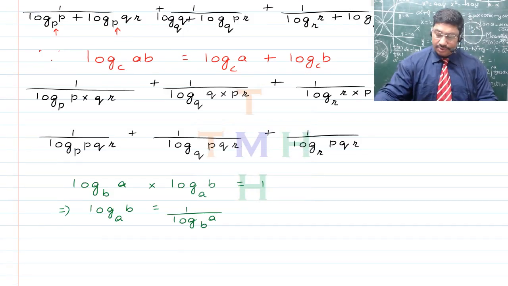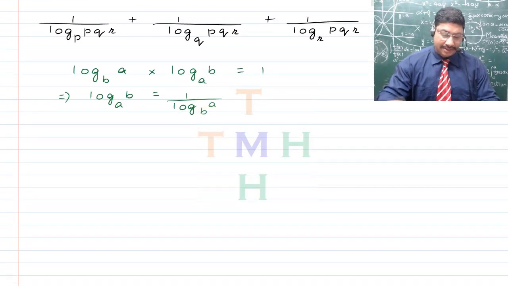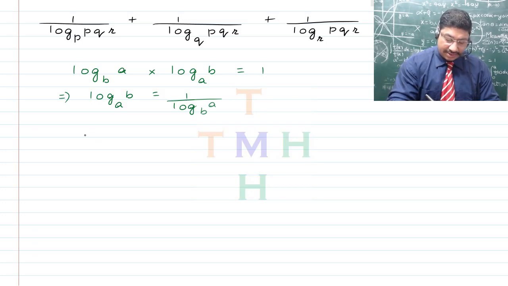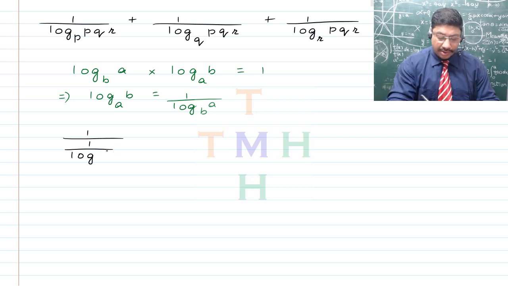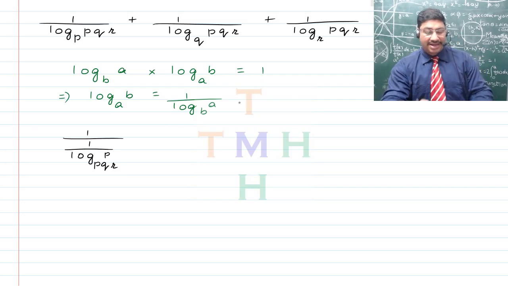So the next step, we can write 1 upon, again 1 upon log of p, to the base pqr, as we know that if we exchange the number whose logarithm we were finding and the base, then they are inverses of each other.